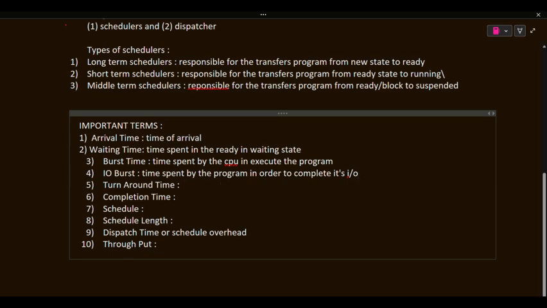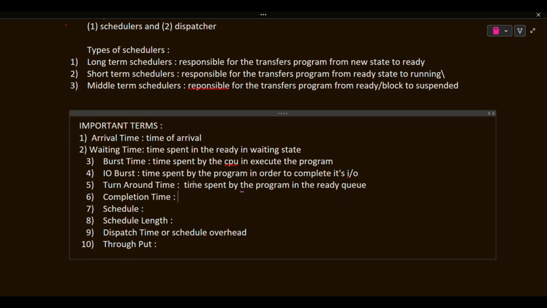Turnaround time is defined as the total amount of time that has been spent by the program in the system. Turnaround time can be calculated by the addition of burst time plus waiting time. Next is the completion time.